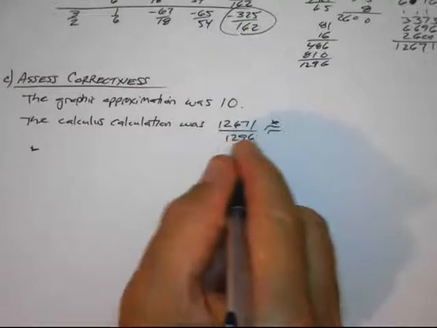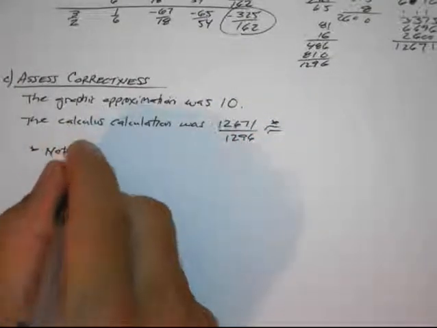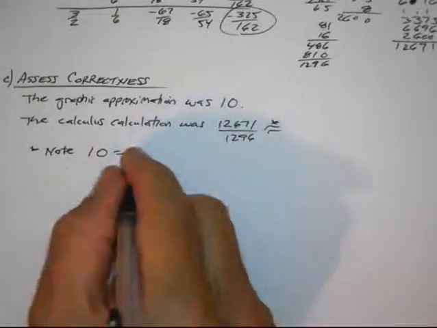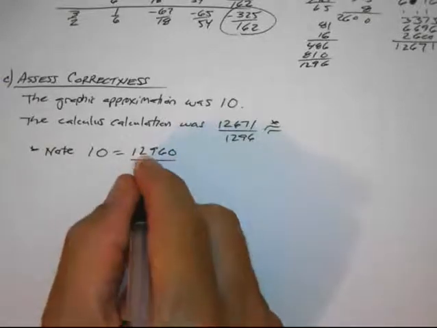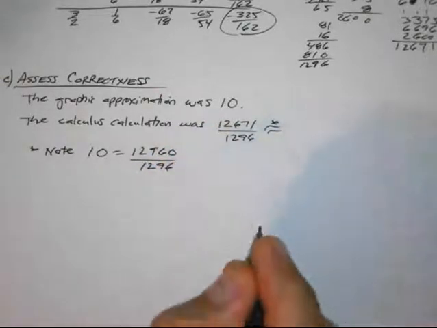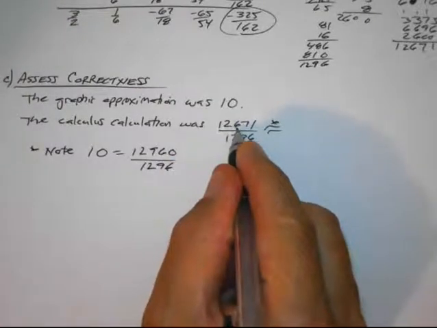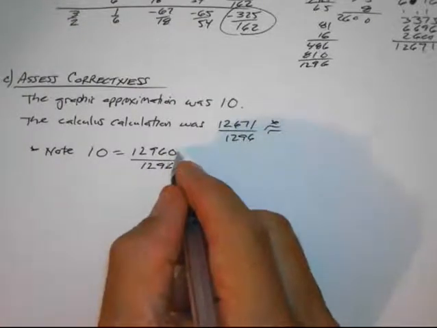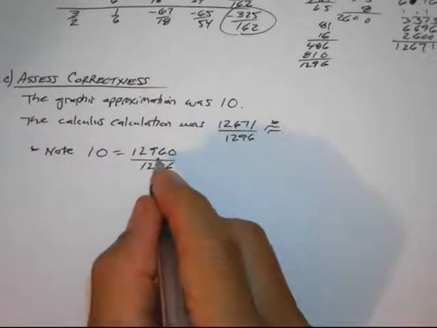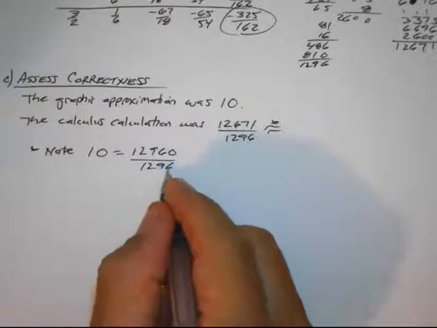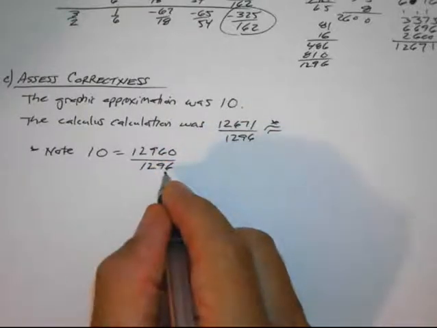Just do 10 times this denominator, and so you can say that 10 is equal to 12960 over 1296, and that being the case, this number here, 12671, it's about 300 short of this, so that would be 300 over 1300.